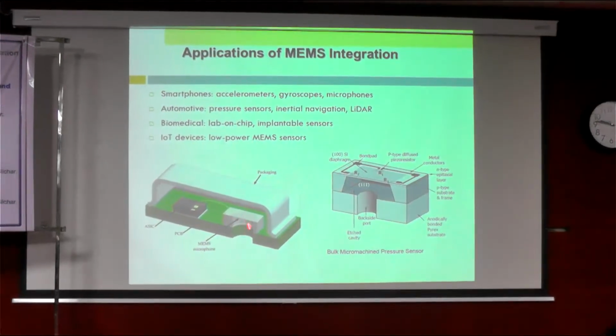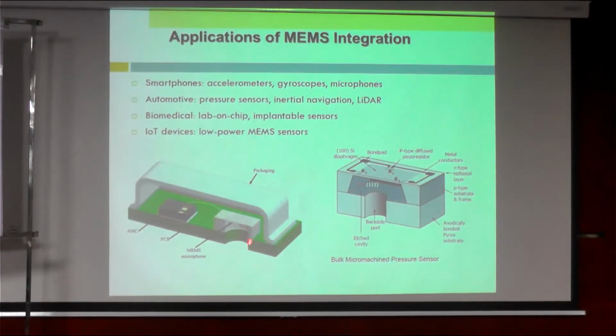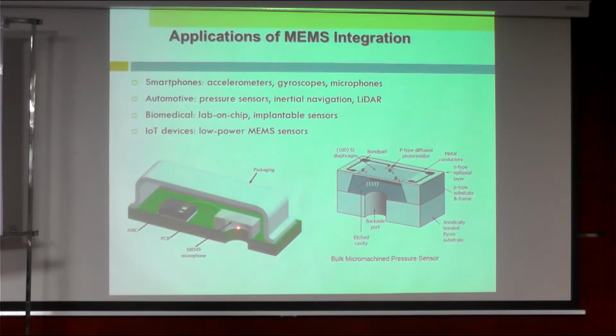Let's say this is a microphone. At a certain extent, you need to have the microphone to have an opening so that it can function as a microphone. But at a certain extent, you want to package it to protect the components from dust, from humidity, etc. So that is the challenge where you need to have an opening to the inside for this device to function, but at a certain extent, you need to have packaging to protect the device itself.